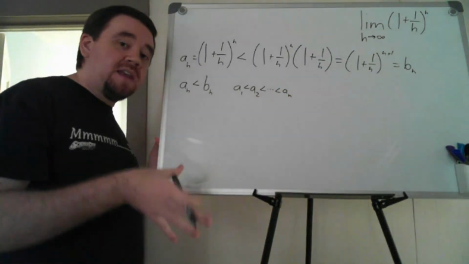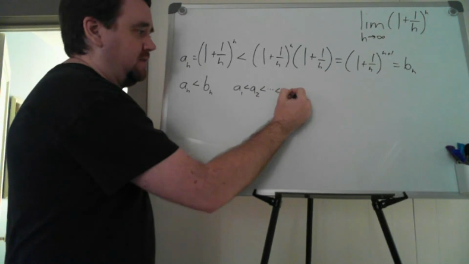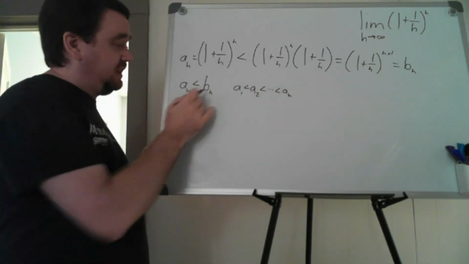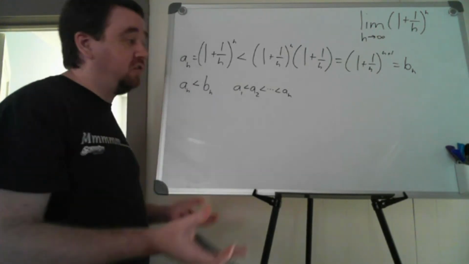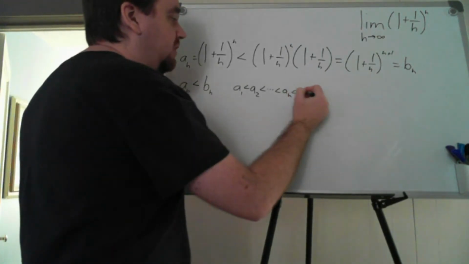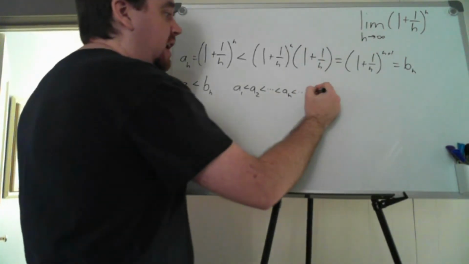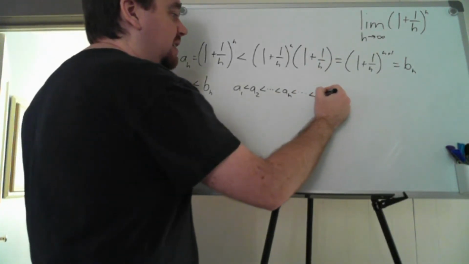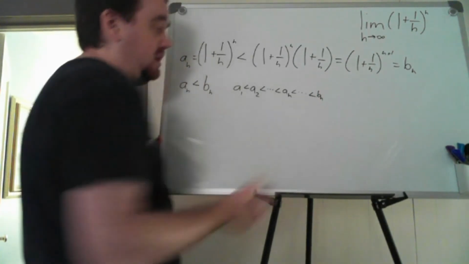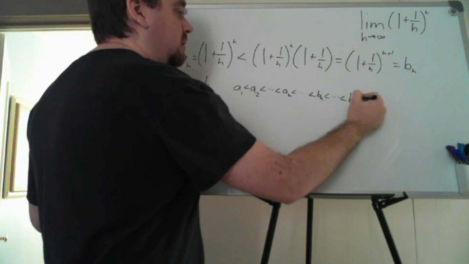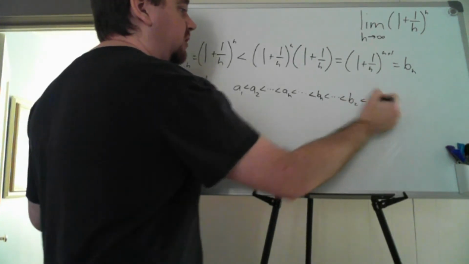But A sub n, I'm sorry, my n's look like h's. But A sub n has to be less than B sub n. Has to be. So less than dot dot dot, because n can continue to grow, has to be less than B sub n, which we know is less than B sub 2 is less than B sub 1.